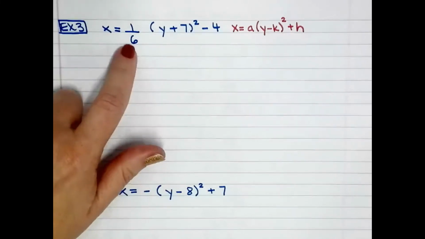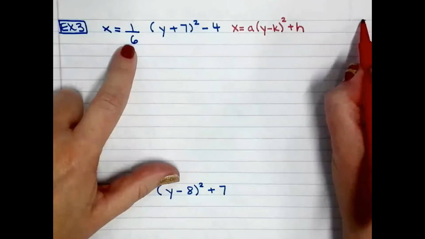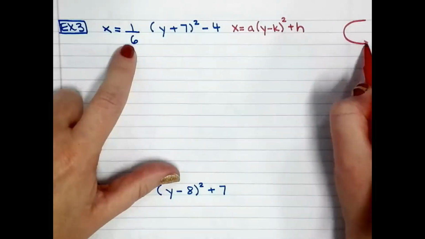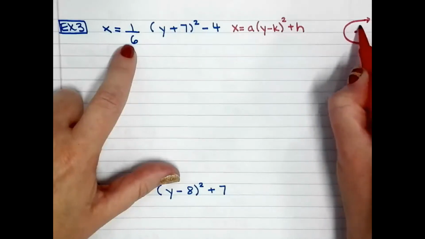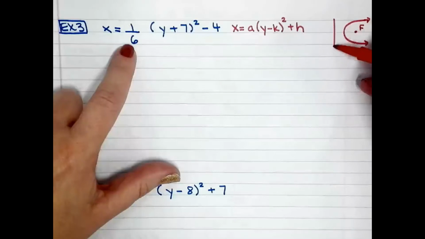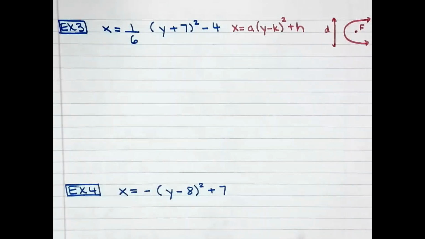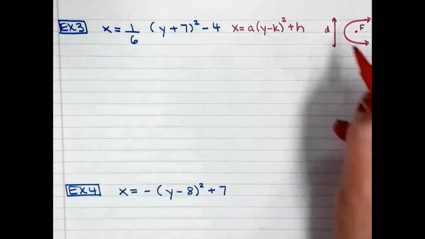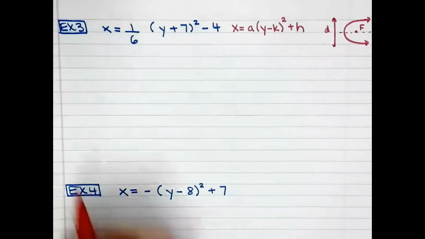When A is positive, your parabola is going to open to the right. The focus will be somewhere over here inside the parabola, and the directrix will be over here somewhere outside the parabola and perpendicular to the line of symmetry.